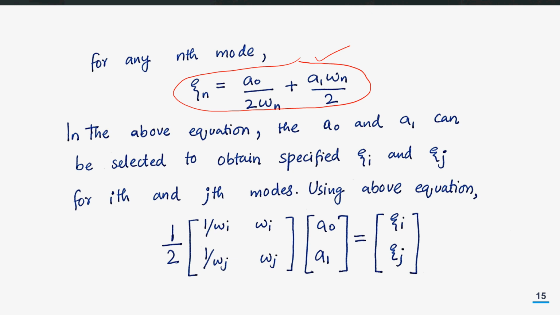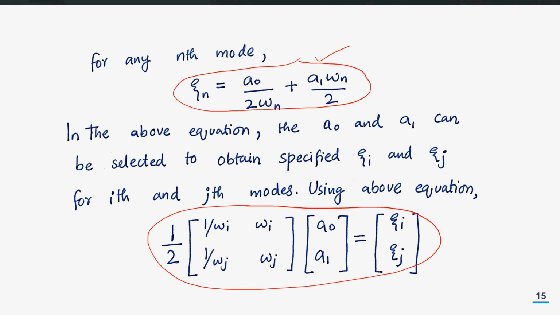Now if you write this expression for any two specific modes, for example i and j, you can write these two equations in a matrix form also, like this. So now omega i and omega j are the frequencies of the ith and jth mode respectively, and xi i and xi j are their corresponding modal damping ratios.